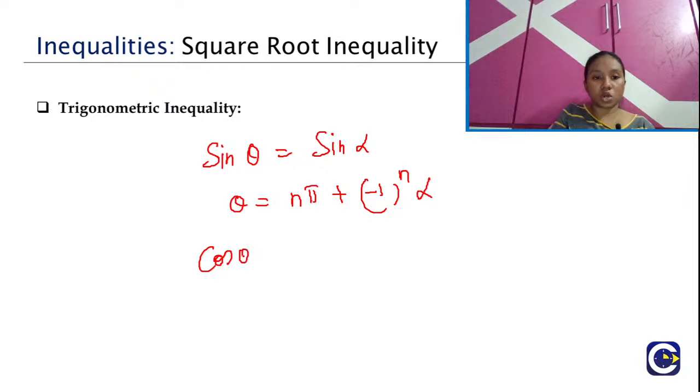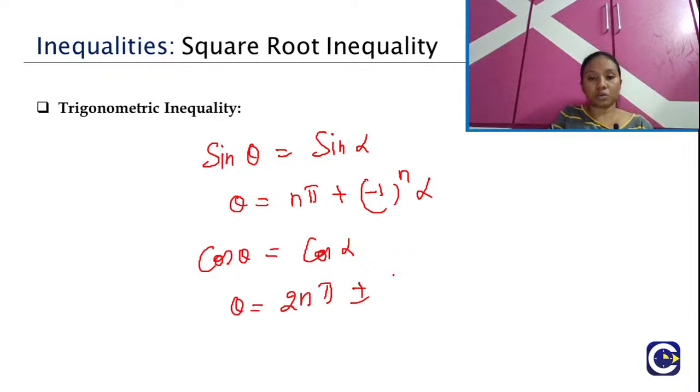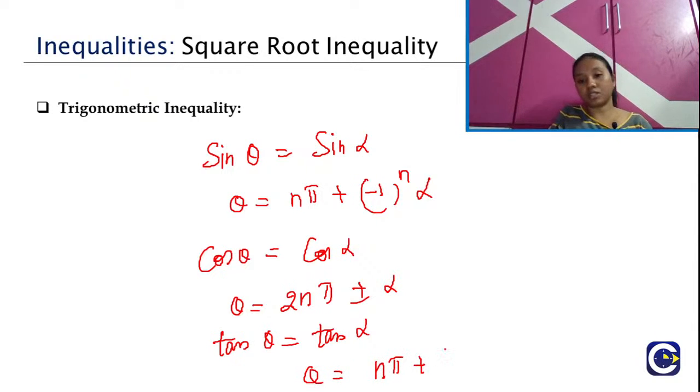Similarly, when cos theta equals cos alpha, theta equals 2n pi plus or minus alpha. And for tan theta equal to tan alpha, theta equals n pi plus alpha.